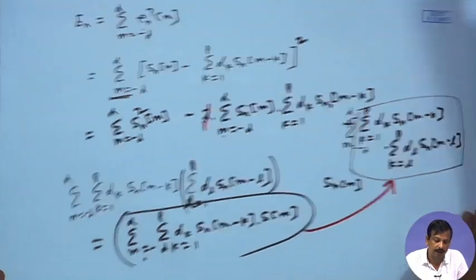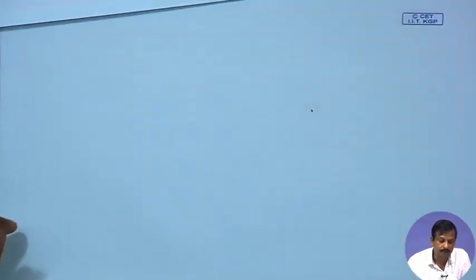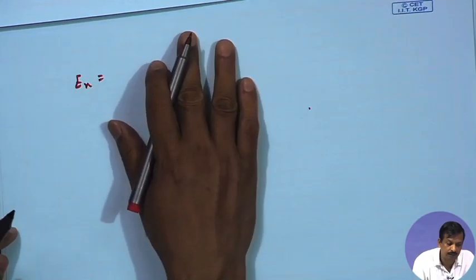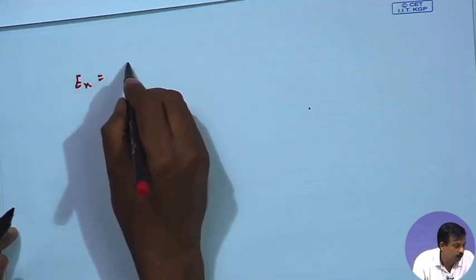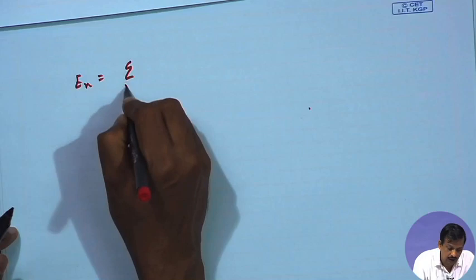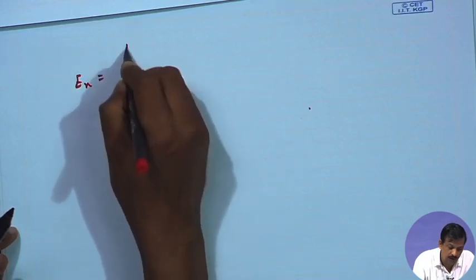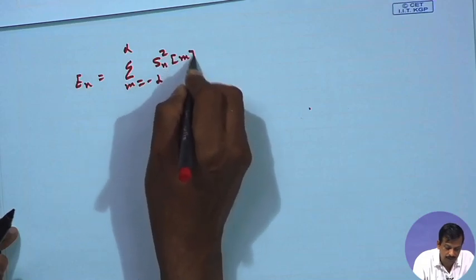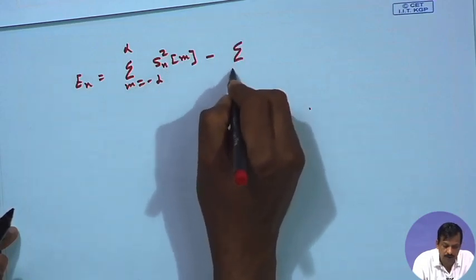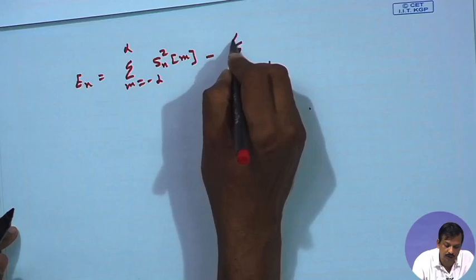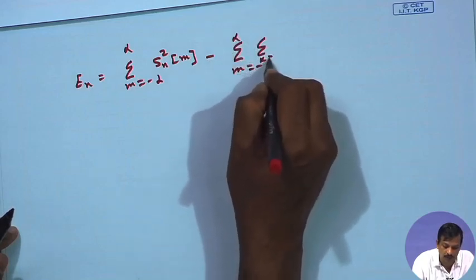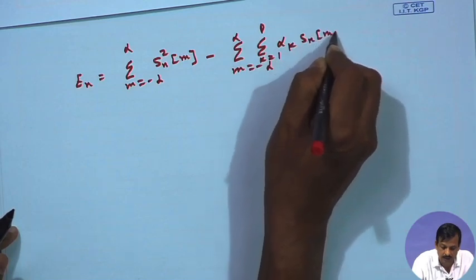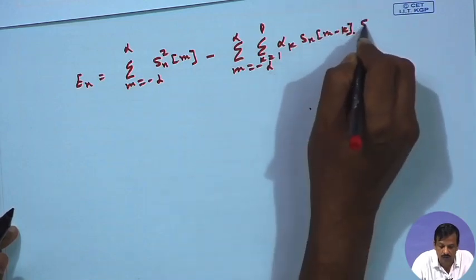So, I can say that E n is equal to the sum over m from minus infinity to infinity of s n square m, minus the sum over m from minus infinity to infinity, the sum over k equal to 1 to p of alpha k s n of m minus k into s m.